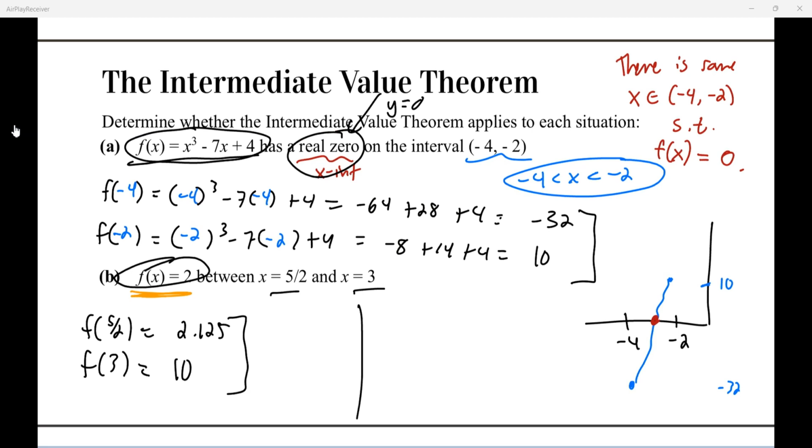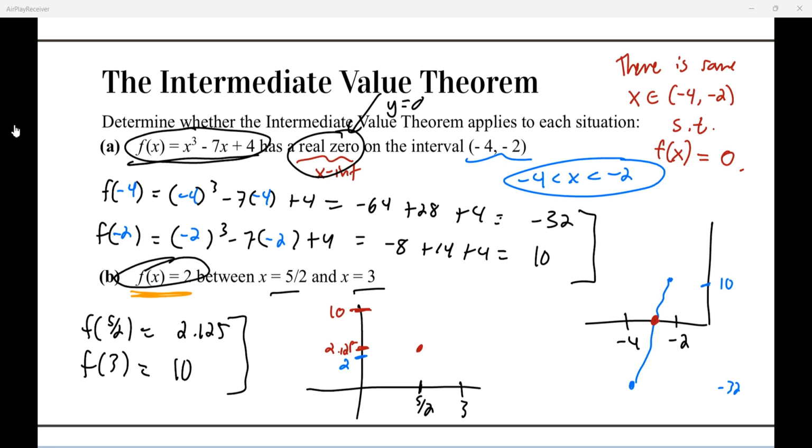So really what's happening in this case is you have 5 halves right here, and you have 3 right here, and the function starts here at a height of 2.125 and goes up to here at a height of 10. We want to figure out where f of x is going to equal 2. And so it's not necessarily guaranteed that the function is going to actually equal 2 in between those numbers.